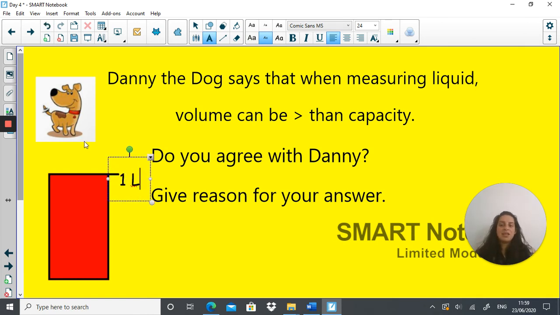So the capacity of this, when it's completely full, is 1 litre. Is it possible for the volume to be 1 litre and 500 millilitres? Well, no, because this container cannot hold more than 1 litre. So Danny Dog is wrong. The volume can never be more than the capacity. I'm really hoping, fingers crossed, that most of you got that right.